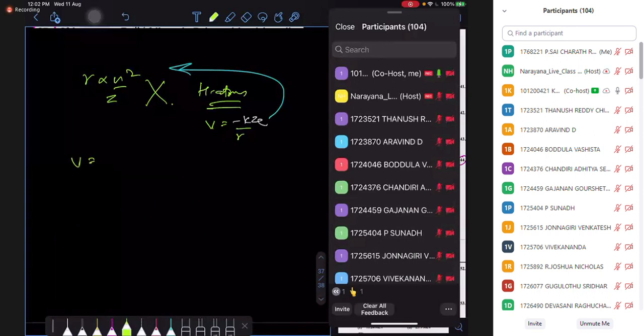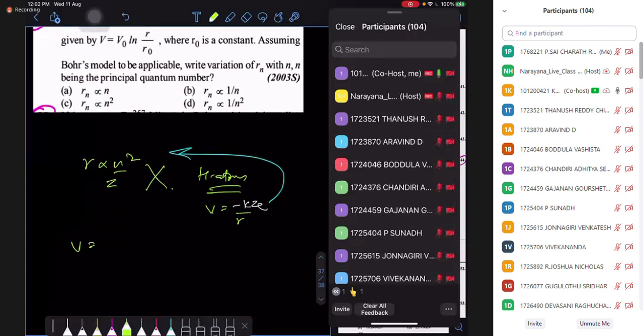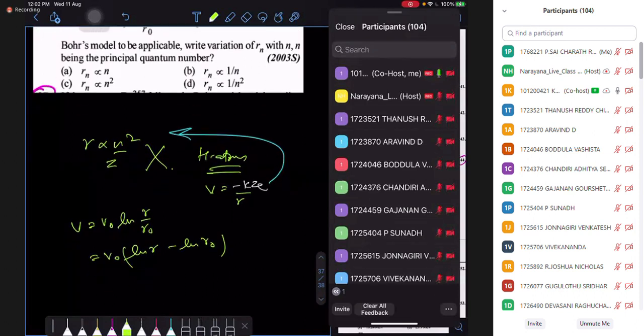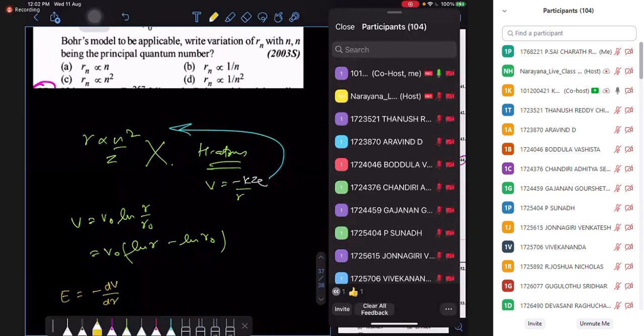The potential is V naught log R by R naught. We can write it as log R minus log R naught. This R naught term is a constant term. If we go exactly, first we can find out the field created by this potential.